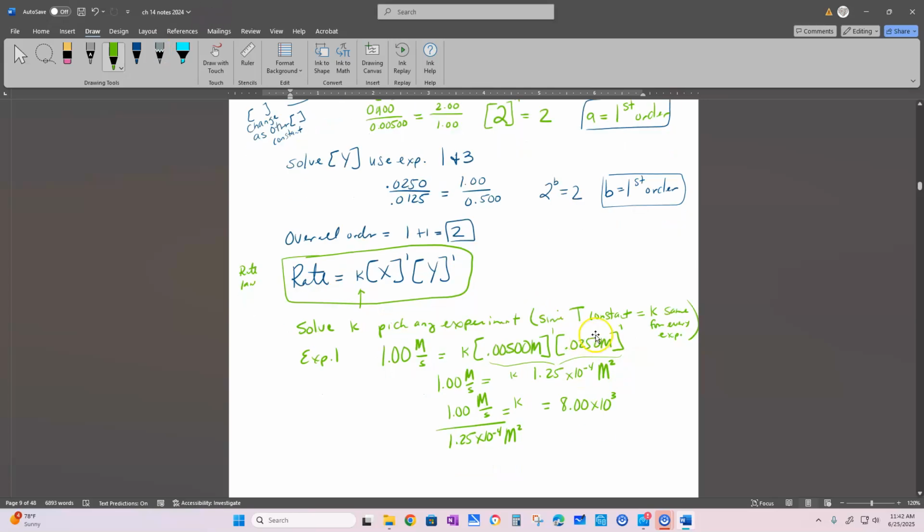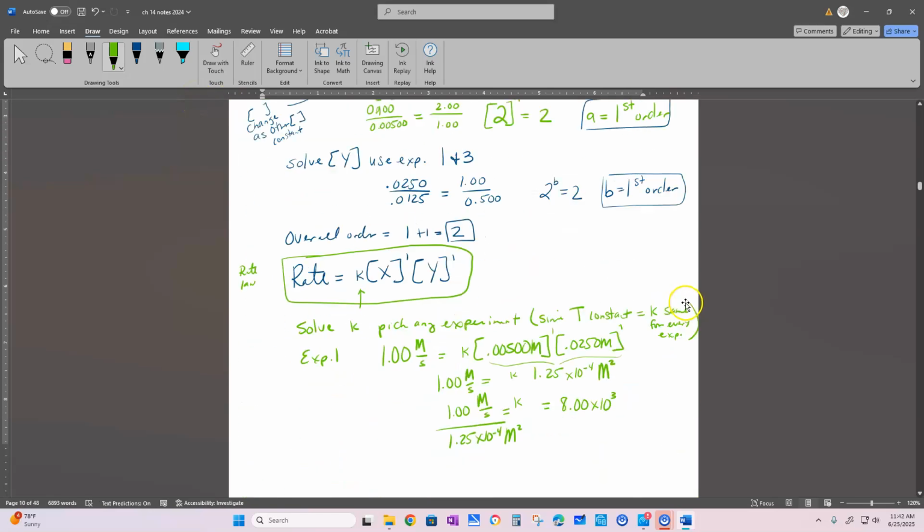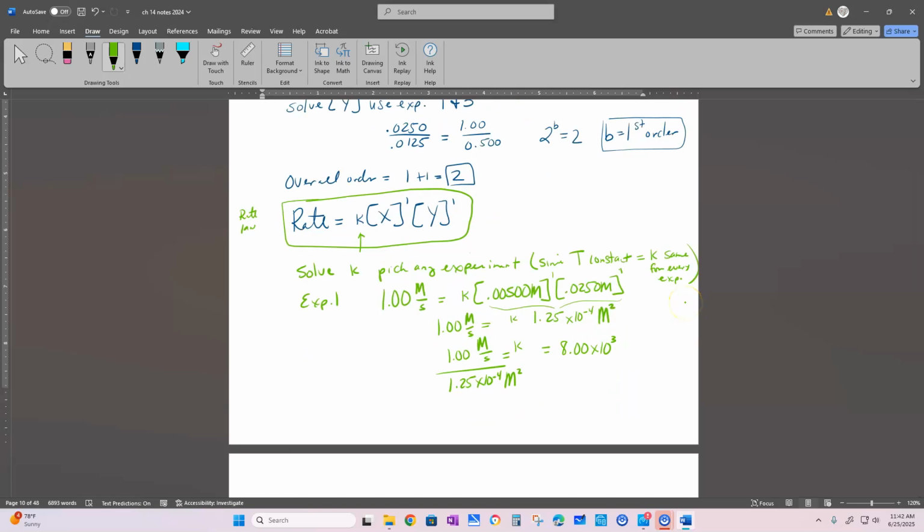Now the tricky part, okay? Notice in the directions, what's the unit of the rate constant? Sometimes on the AP, instead of asking you to calculate, they may ask just what's the units. That sometimes struggles students more than the math. Well, let's take these units. It's M over S over M squared. Well, M squared is the same thing as saying M times M. What happens is one of the M's cancel, and then what do you have left?